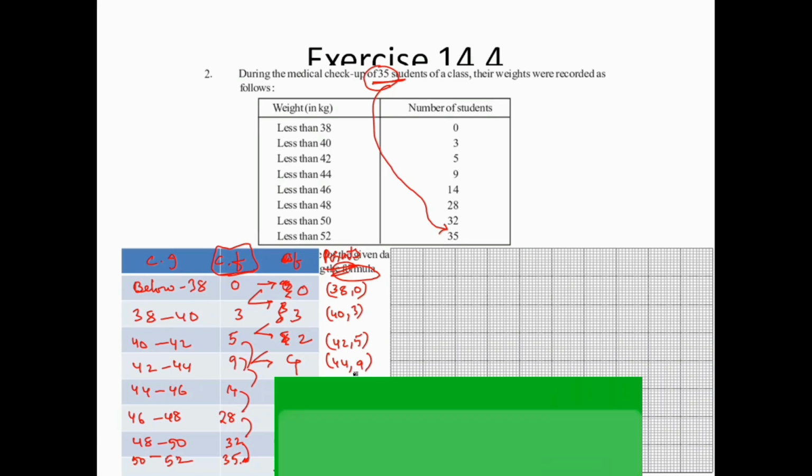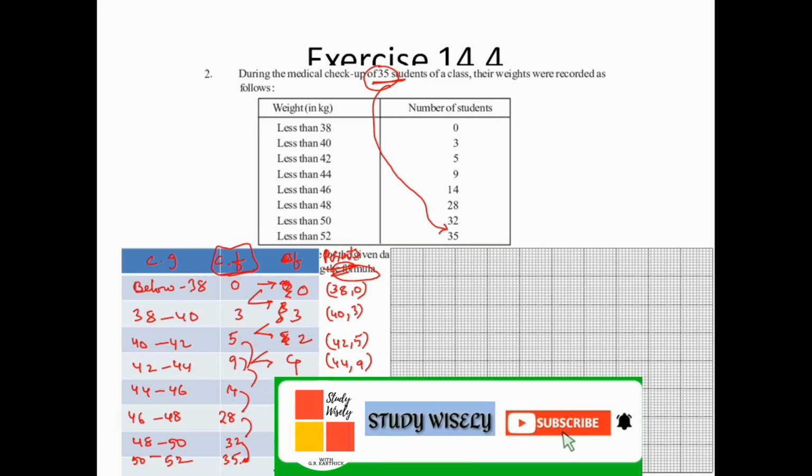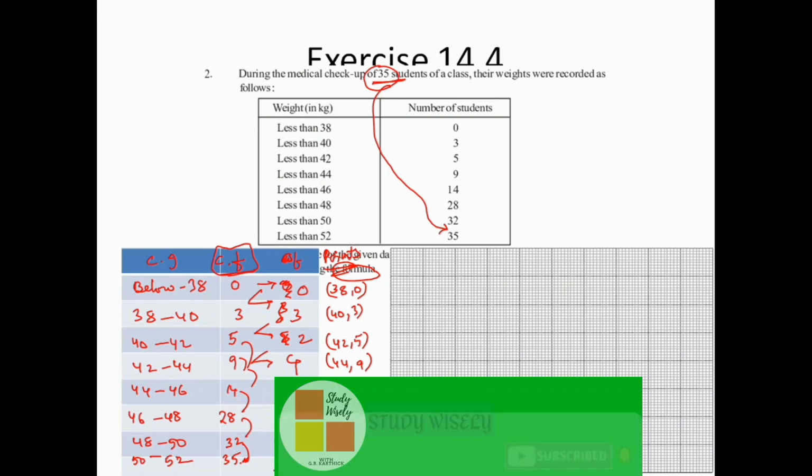Up to here, am I clear? Good. So let us take the values of the x-axis and the y-axis here.